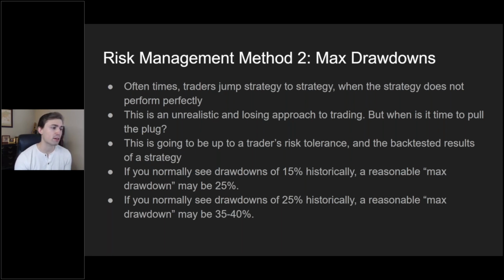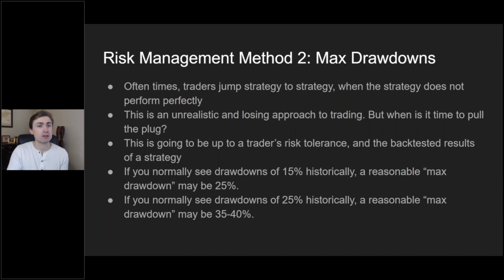If you have a 15% average and it gets to 20, you say, okay, this is extreme, but I've got to stick to it. It gets to a 23% drawdown, you say, I still got to stick to it. It's still within the realm of maybe a standard deviation of the average historical drawdown that your strategy experiences. But maybe you pull the plug at 25% because that's one that has not been seen yet on the overall back test that you've seen in your extensive studies of your strategy.